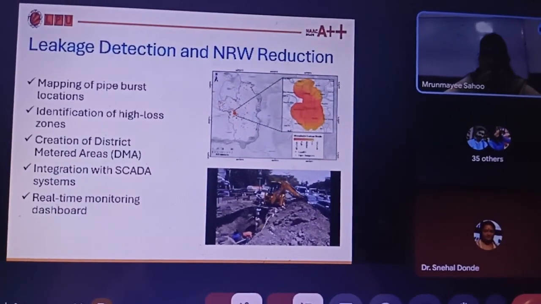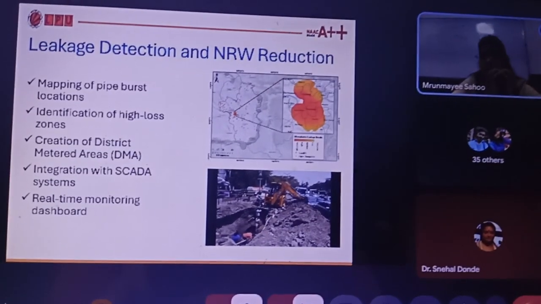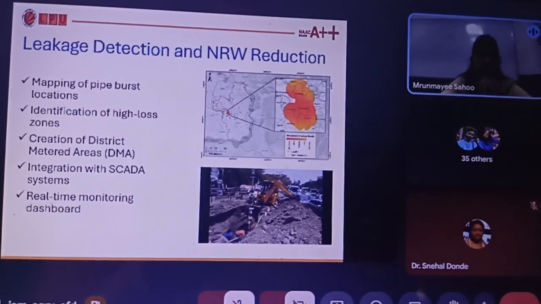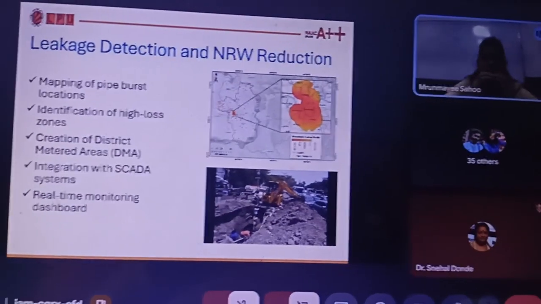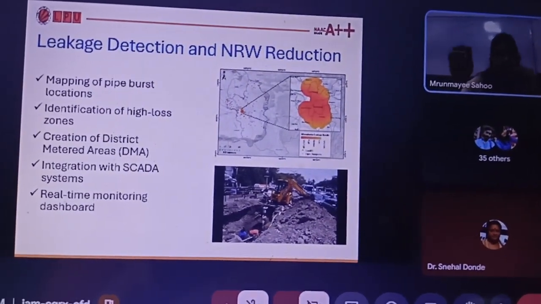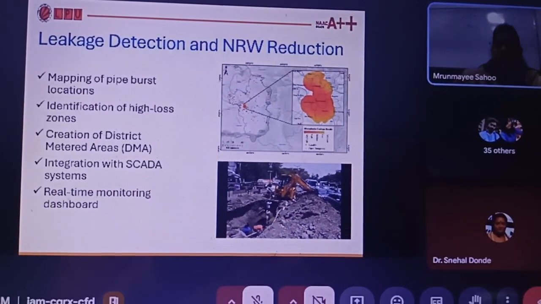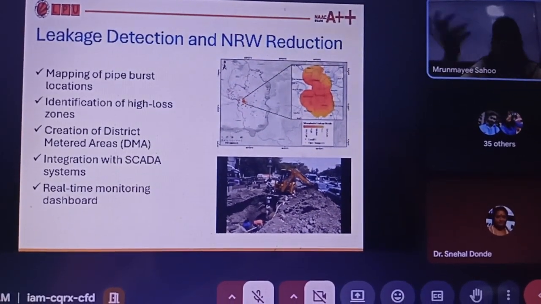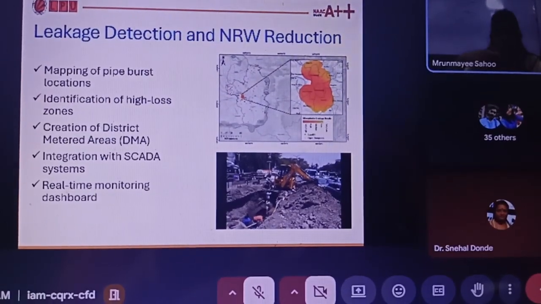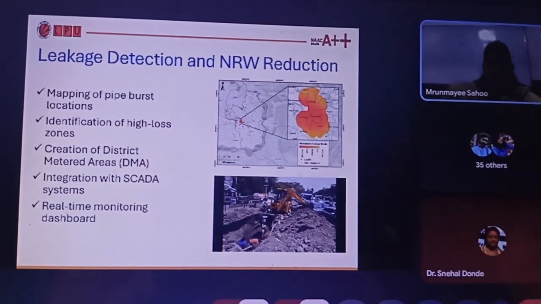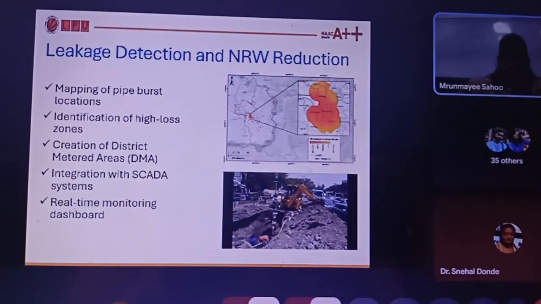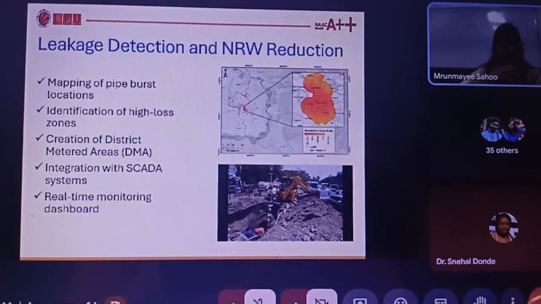So what we need to follow is that the water pipeline should be smaller in size. If by chance it is large, it is because you are supplying water to a nearby industry, because unplanned cities have industries inside the cities. But in planned cities, you do not have industry inside the residential or commercial area, so their pipeline system will never break.